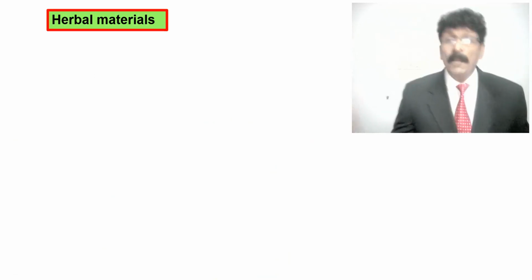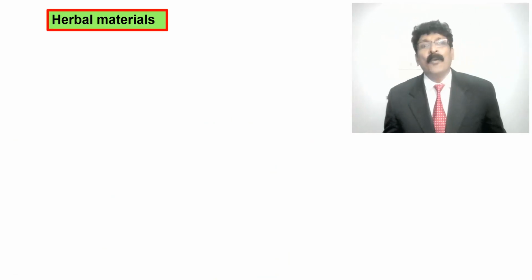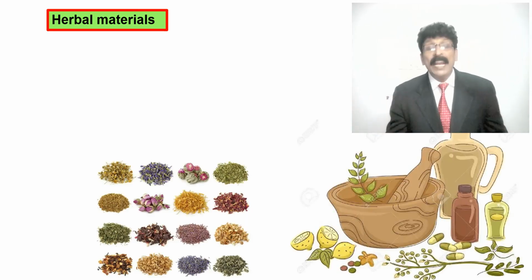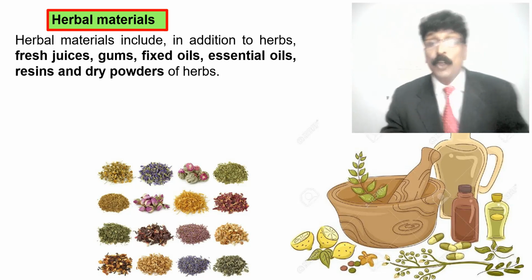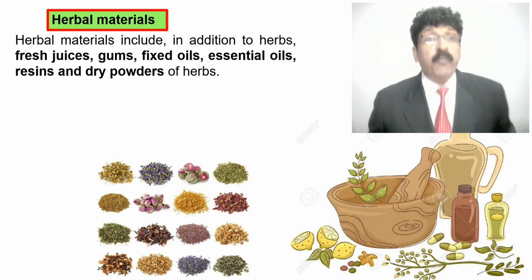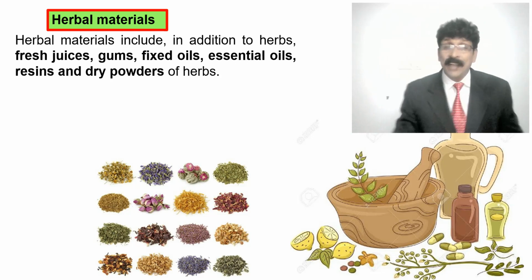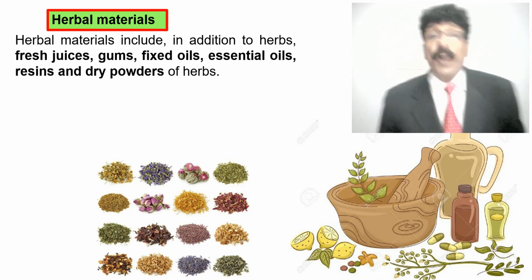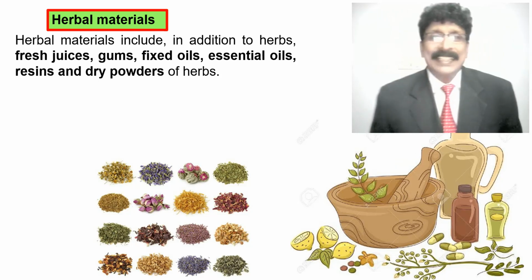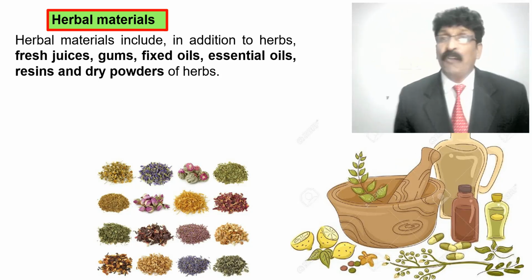And herbal material. What is the definition for herbal material? It is obtained from the plant. Herbal materials include, in addition to the herbs, fresh juices, gums, fixed oils, essential oils, resins, and dry powders of herbs.